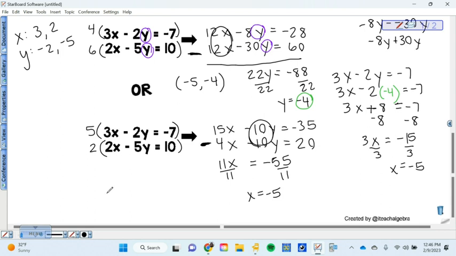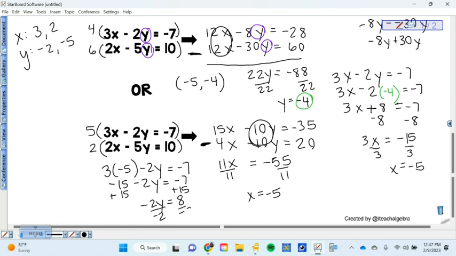And then I plug in -5 for x, so I get 3 times -5 minus 2y equals -7. 3 times -5 is -15 minus 2y equals -7, plus 15, plus 15, -2y equals 8, divide by -2, so y equals -4.